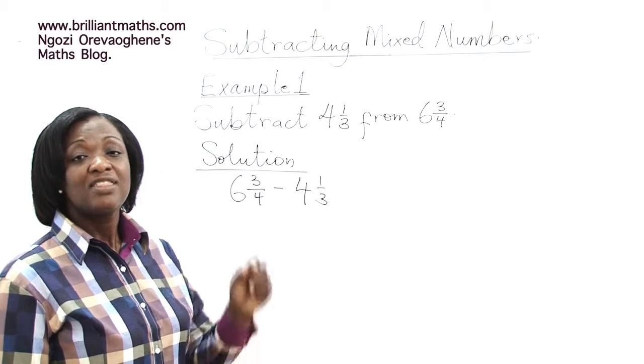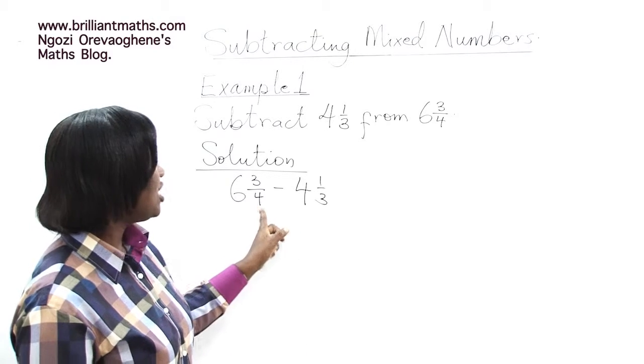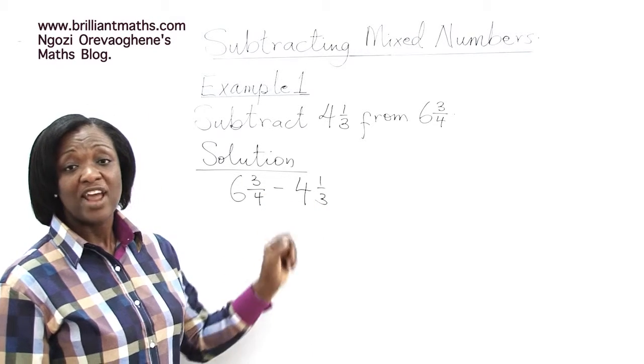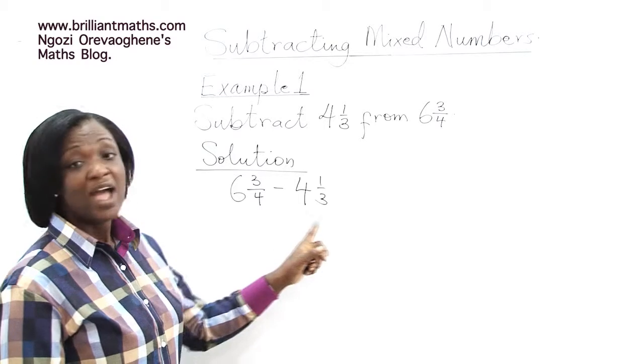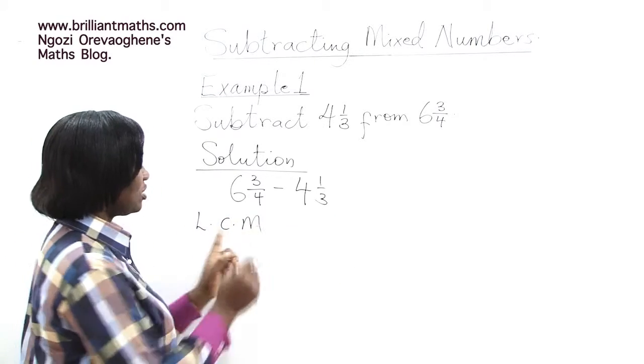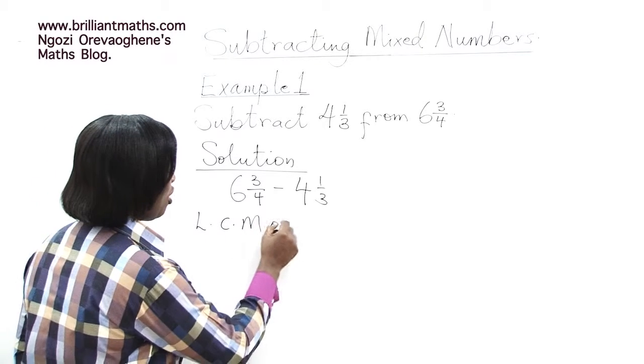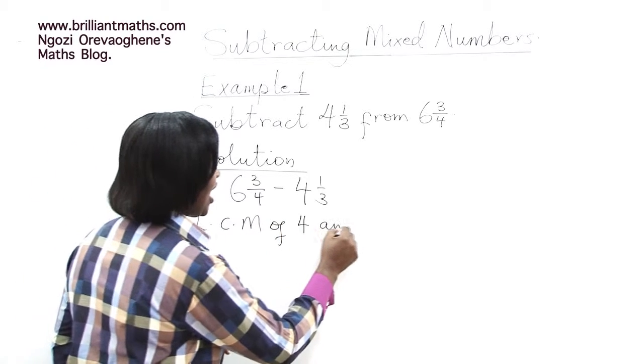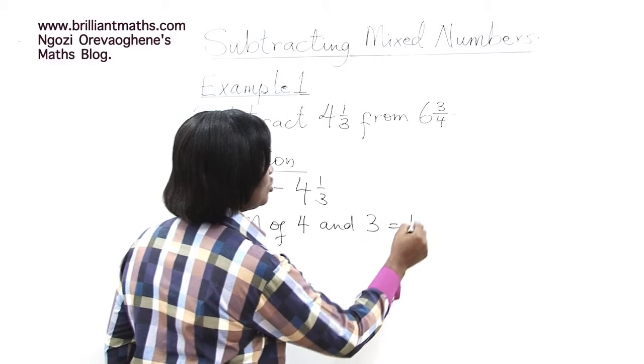So you find the LCM of the denominators. For this case, we're finding the LCM of 4 and 3. The LCM, lowest common multiple, of 4 and 3 is equal to 12.